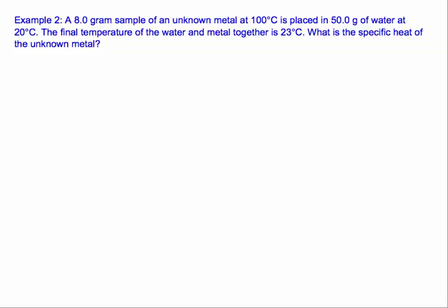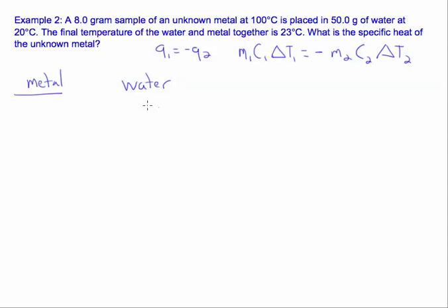So we know that Q1 equals negative Q2, which also means M1 C1 delta T1 equals negative M2 C2 delta T2. We've got our metal, which I'm going to make 1, and we've got water. Our mass is 8 grams. The initial temperature is 100 degrees Celsius.